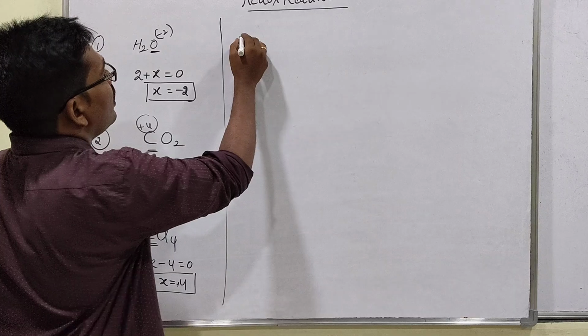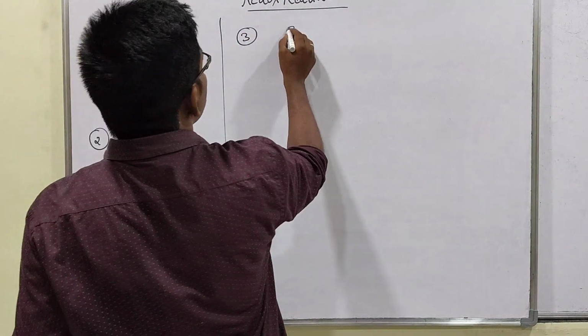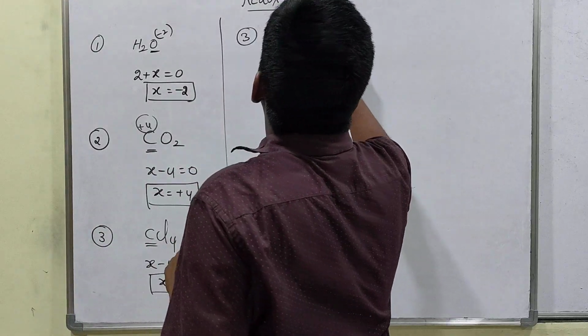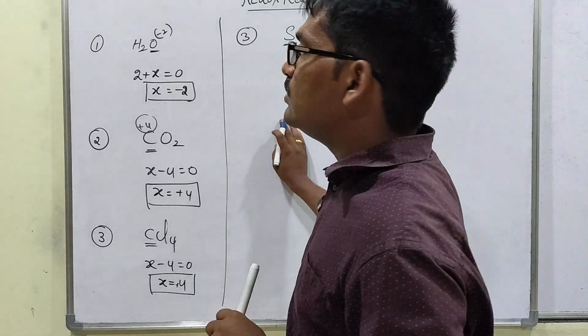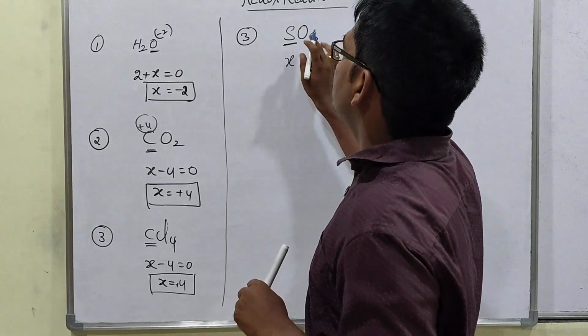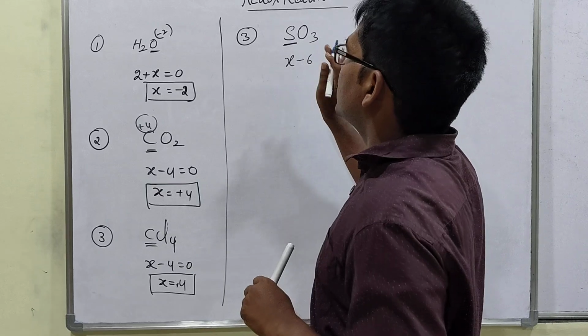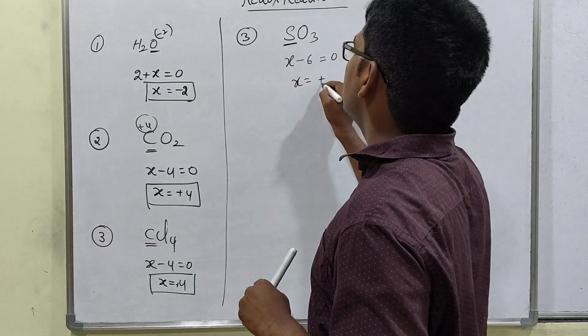Then third one, sulfur in SO3. For the oxidation state of sulfur in SO3: X, then 3 oxygens at -2 give -6, equals 0. Then X equals plus 6 oxidation state.